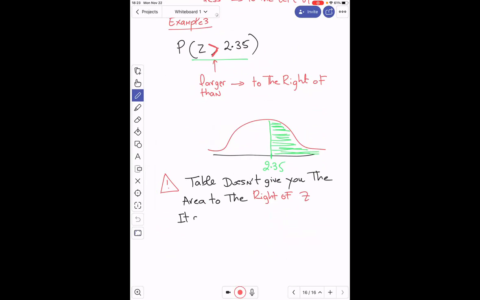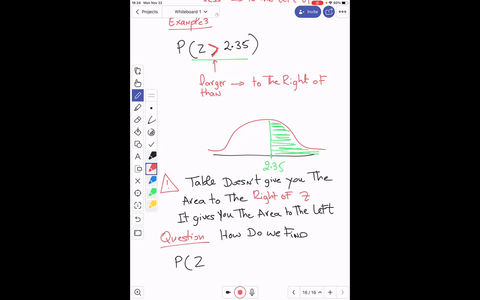It gives you the area to the left. All right. So what do we need? Question now: how do we compute this area to the right?